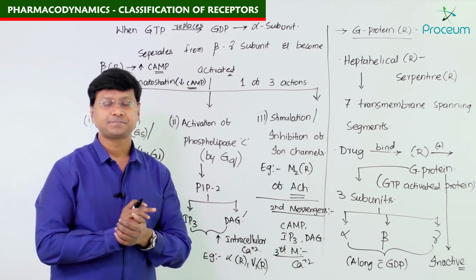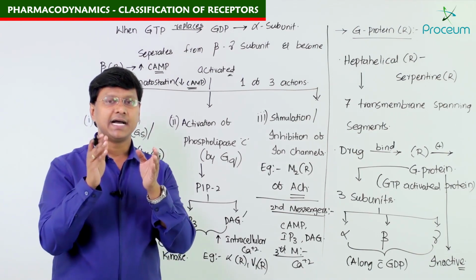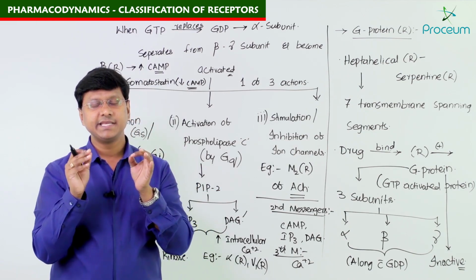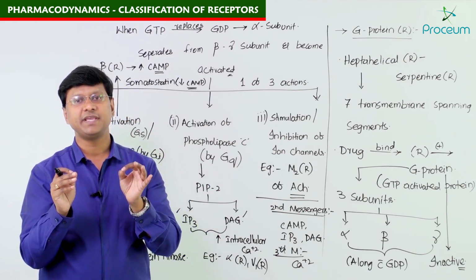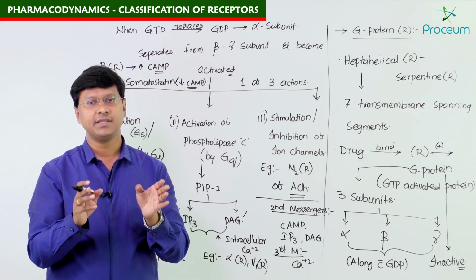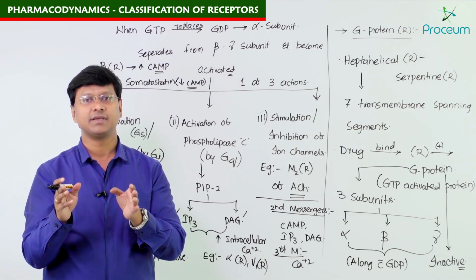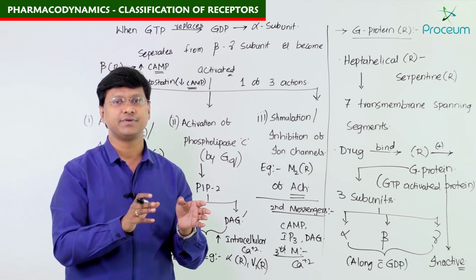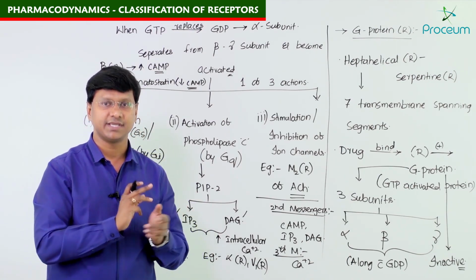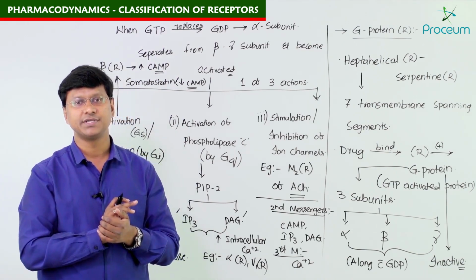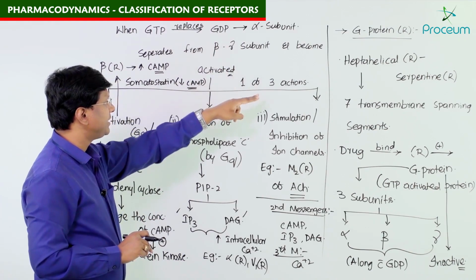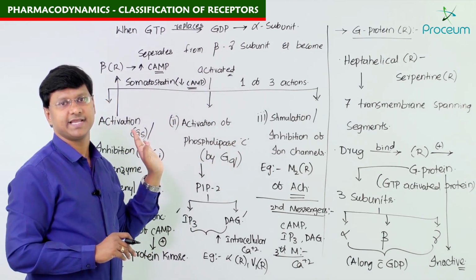Now remember, after the action, the intrinsic GTPase activity of the alpha subunit results in it joining again with the beta and gamma subunits, and thus the G protein is available for action again. So what I am trying to tell you is that once the alpha subunit is activated, it performs one of these three actions.